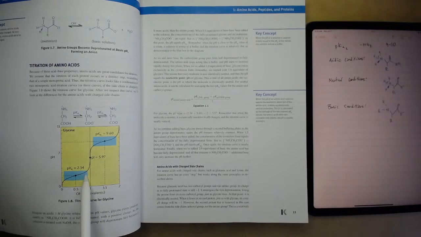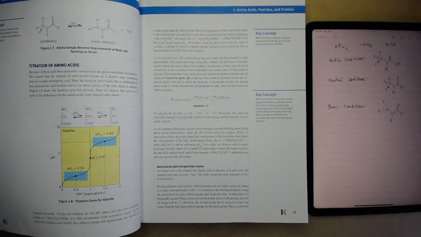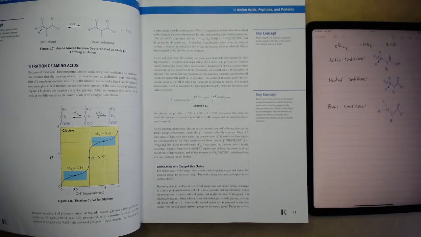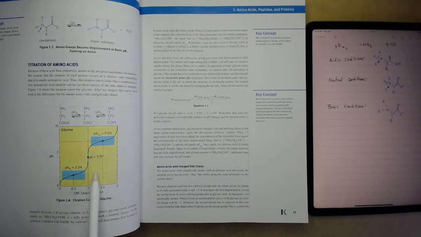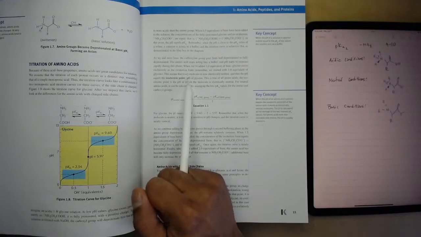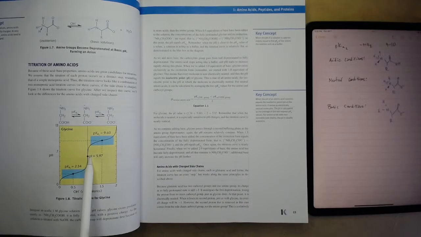When we've added one equivalent of base, glycine exists exclusively as the zwitterion form. Remember, we started with one equivalent of glycine. This means that every molecule is now electrically neutral, and thus the pH equals the isoelectric point, or pI, of glycine. This is true for all amino acids.